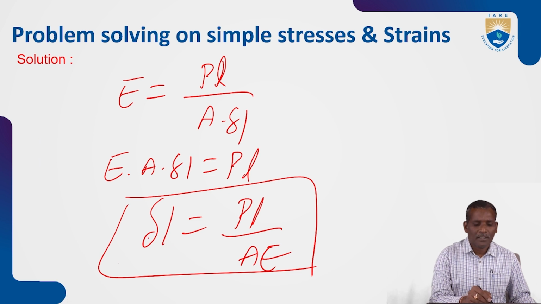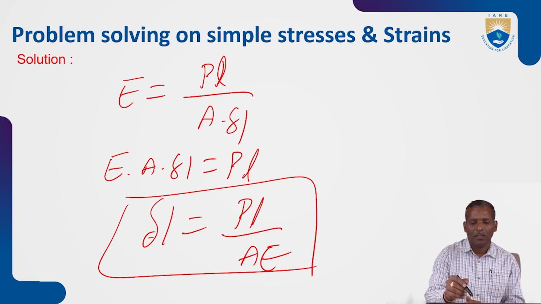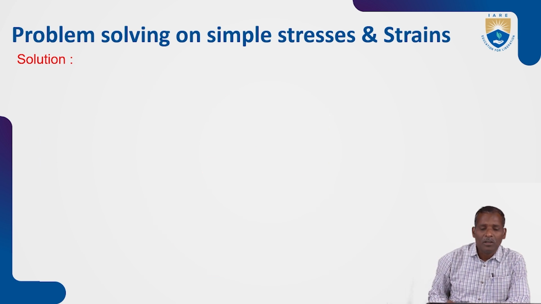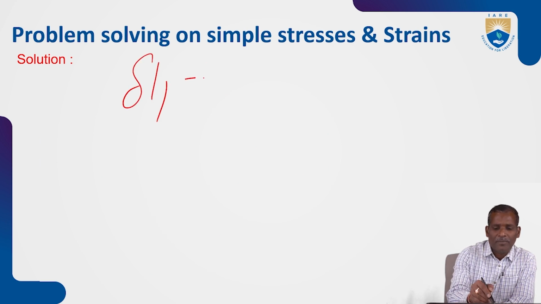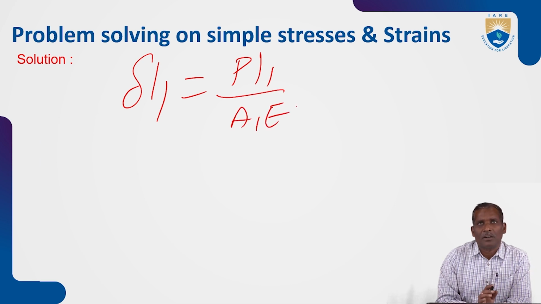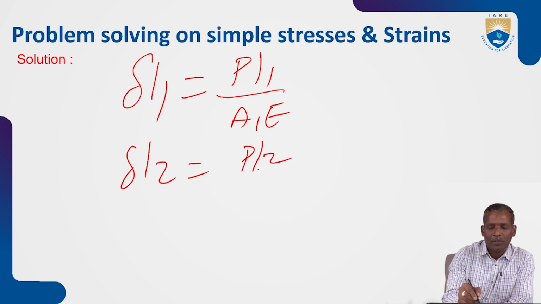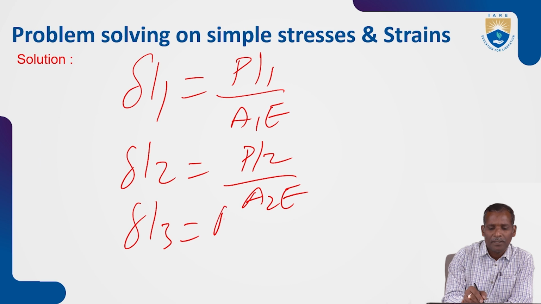This is the change in length. Now you need to calculate the change in length in the first section, delta L1, that is P L1 by A1 E. The E is constant. Next delta L2, P L2 by A2 E. Delta L3, P L3 by A3 E.